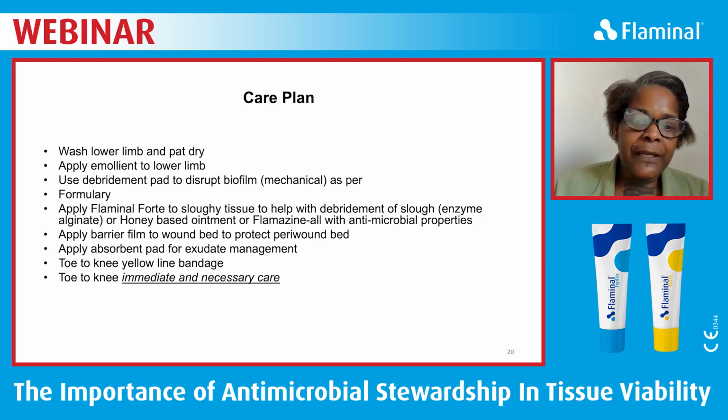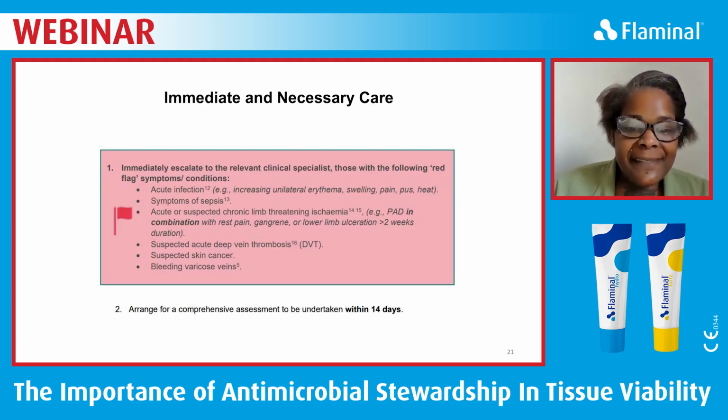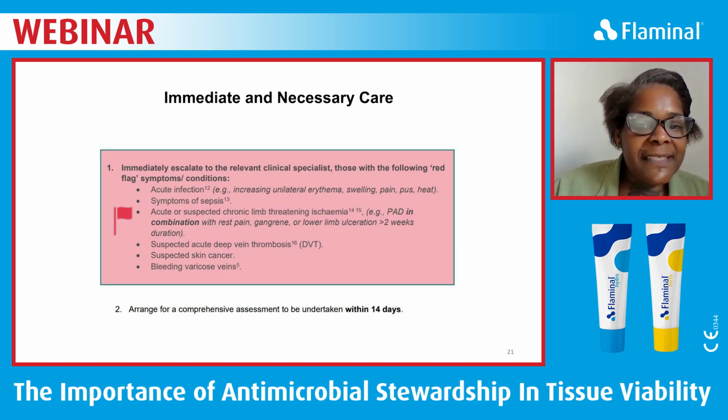And then, of course, apply a toe to knee soft band, followed by your immediate and necessary care if this patient was not in compression therapy before. Your immediate and necessary care comes from the National Wound Care Strategy, where it stipulates that you immediately escalate to the relevant clinical specialist those patients that show red flag symptoms.